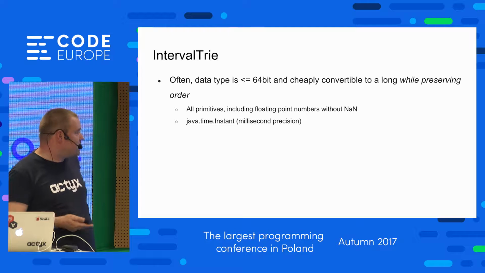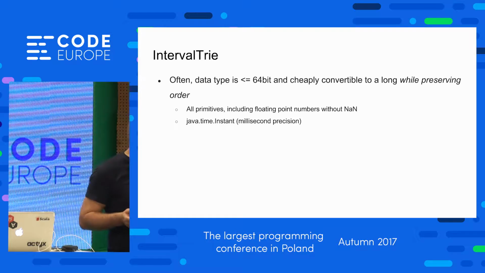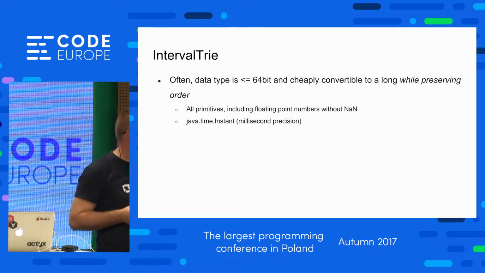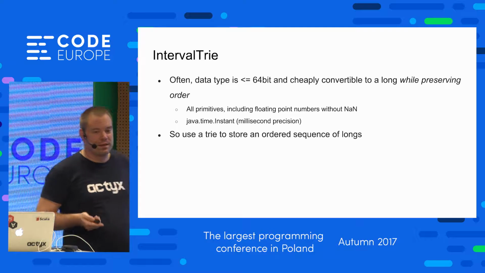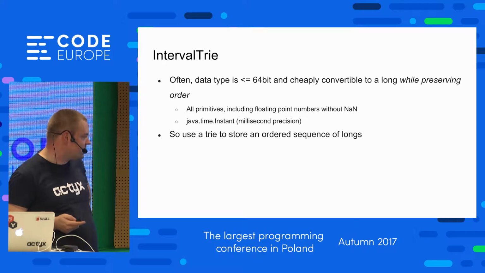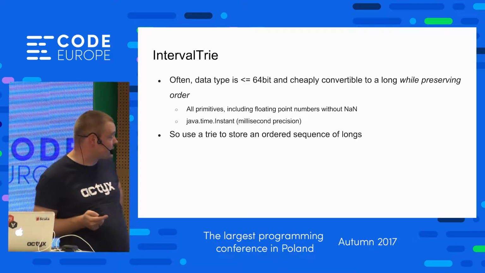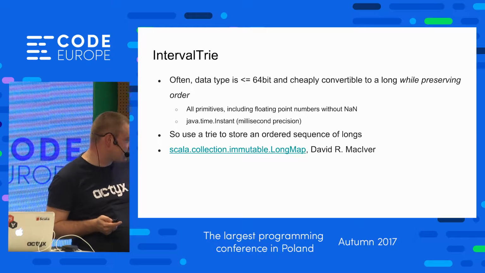And you can also use a Java time instant, which is one of the many ways to represent time currently in Java, up to millisecond precision, and convert it into long and back. So basically, the idea is we're using a tree to store an ordered sequence of longs.